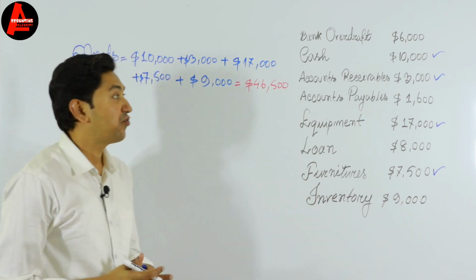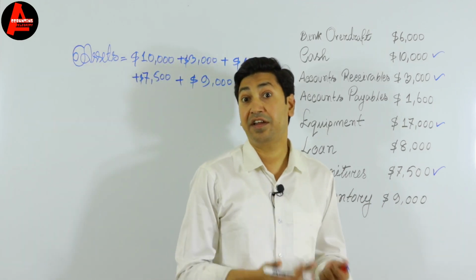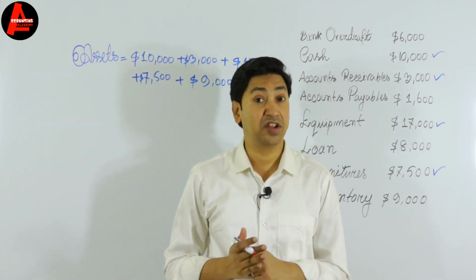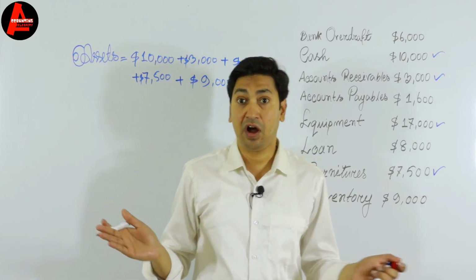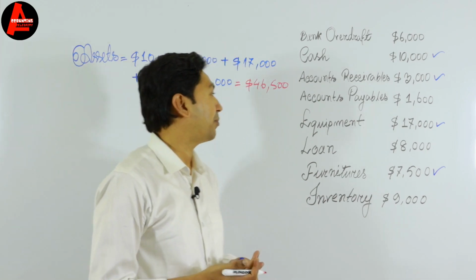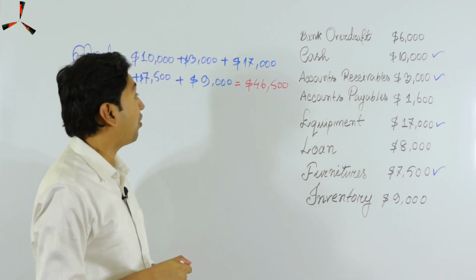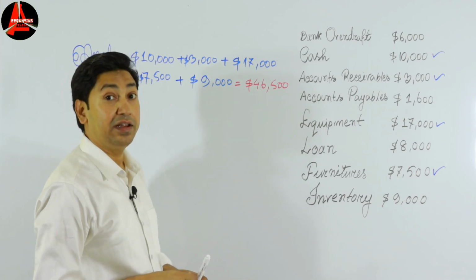So don't forget, you don't have to classify here current asset or non-current asset. No, you have to take all types of asset to calculate your capital. Then we will figure out our liabilities.